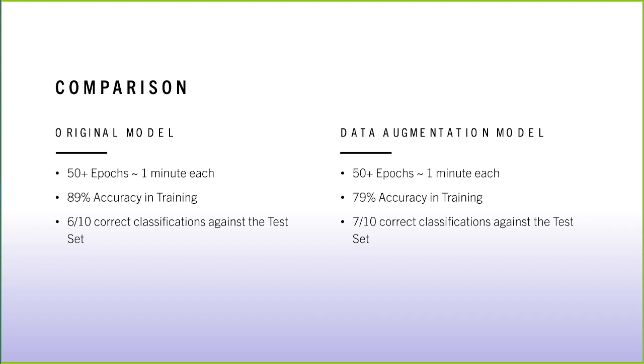The original model had 89% accuracy in training and a 6 out of 10 correct classification against the test set, compared to our data augmentation model, which had a 79% accuracy in training and a 7 out of 10 correct classification against the test set. This is interesting as the accuracy drops, but when you classify it against the test set, it gives us a better percentage.